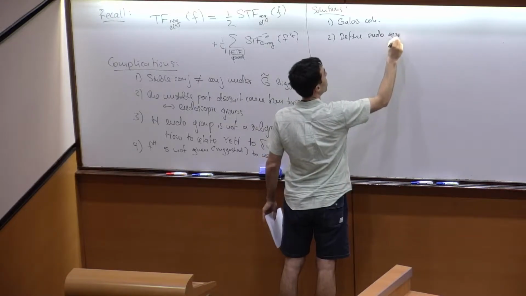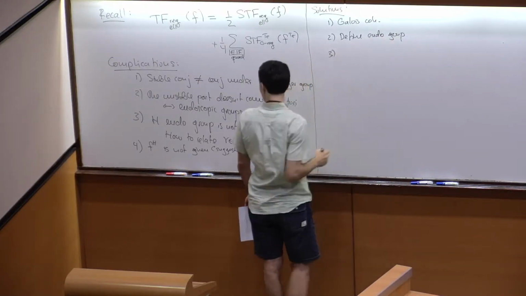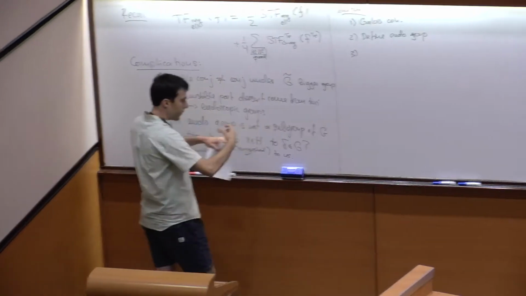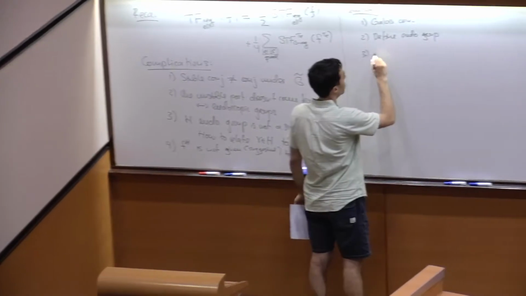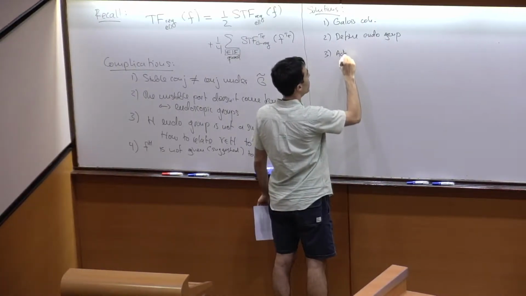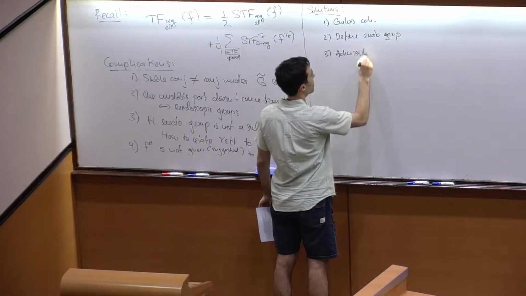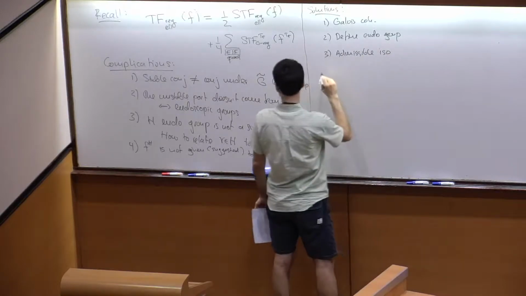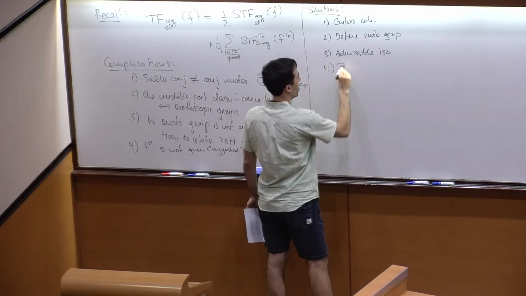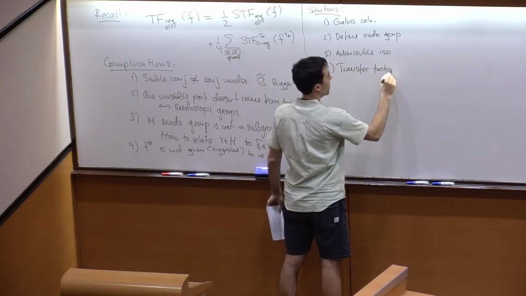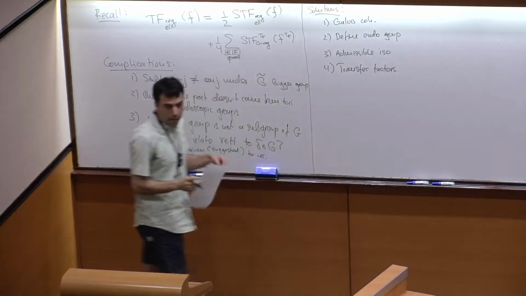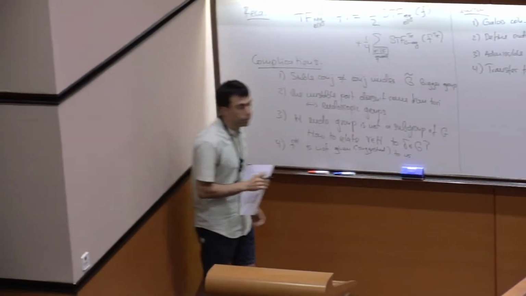For three, we need to find a way to relate elements of H to elements of G. This goes under the heading of admissible isomorphisms. And for four, these are the transfer factors. So these are the kinds of objects we'll be discussing today.